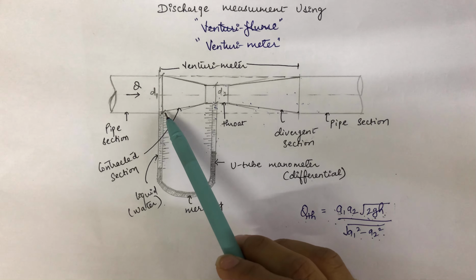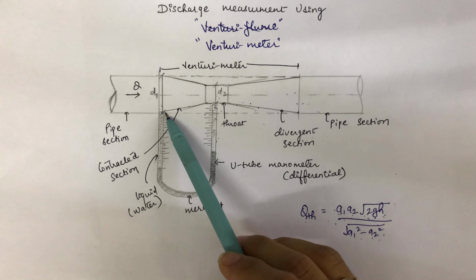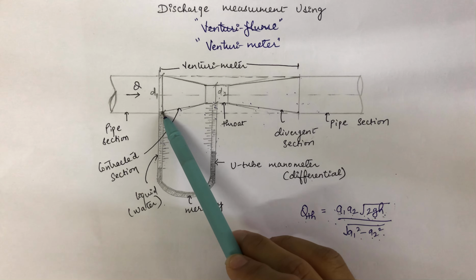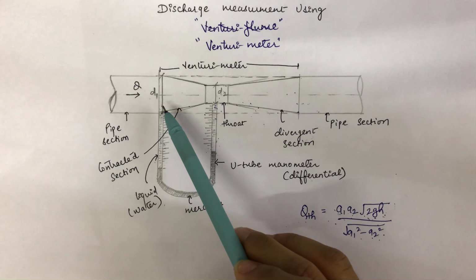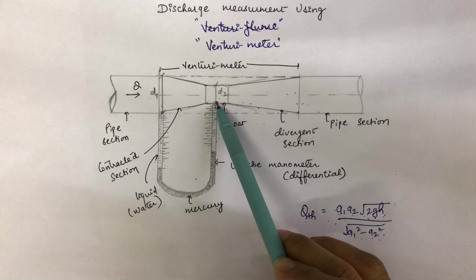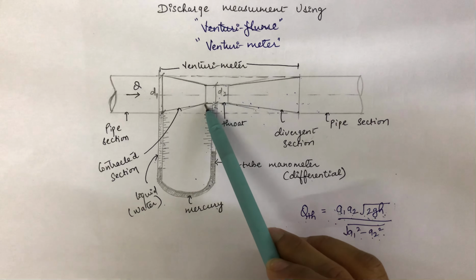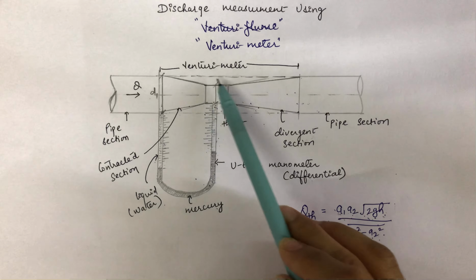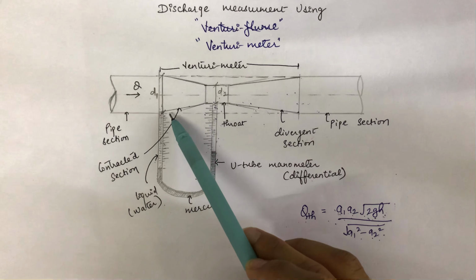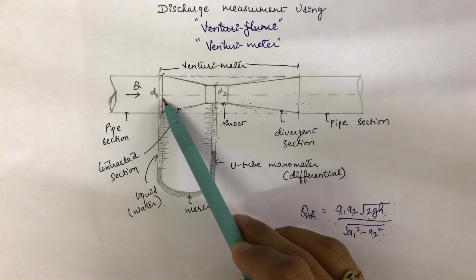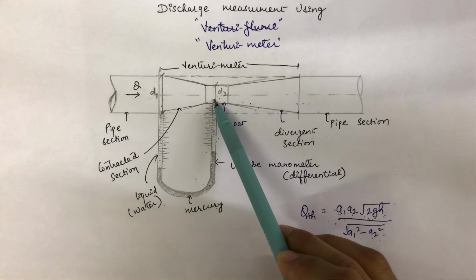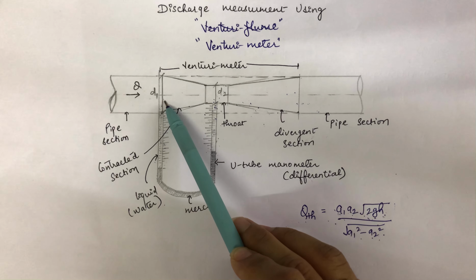As we have discussed in the previous video, the pressure difference will take place when your fluid moves from the inlet to the throat of the Venturimeter, because its cross sectional area is decreasing. At the inlet, as the cross sectional area is more compared to the throat, the velocity will be less and the pressure will be higher.